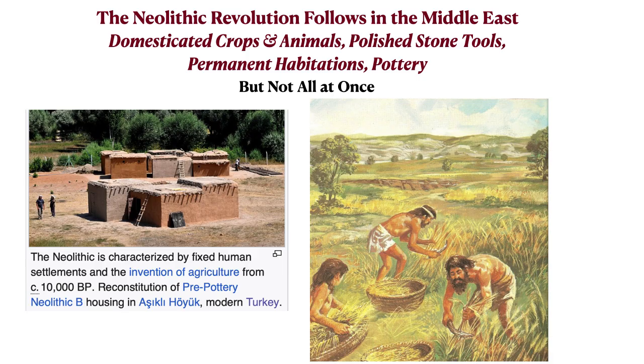What happened after the development of agriculture is usually called the Neolithic Revolution. So agriculture, in one sense, is revolutionary because it produces so much food. You get domesticated crops and animals. The Neolithic is marked by polished stone tools, and by the development of permanent habitations almost everywhere except a very few favored spots.